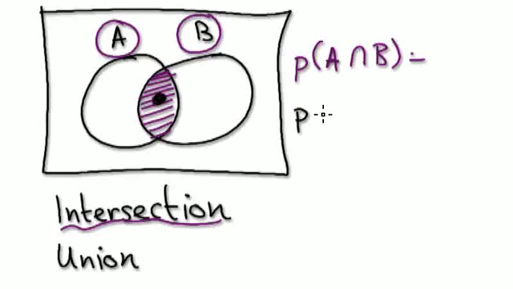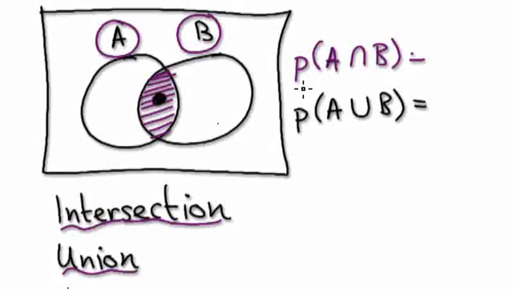If you want the probability of A or B, that would be the union of the two. Remember, anyone from this population would be a good outcome, because it's A or B. This segment is good, this one is good, and this segment here is good.